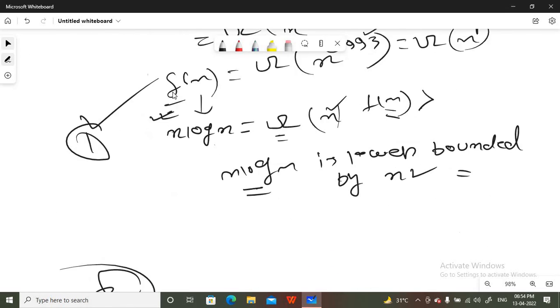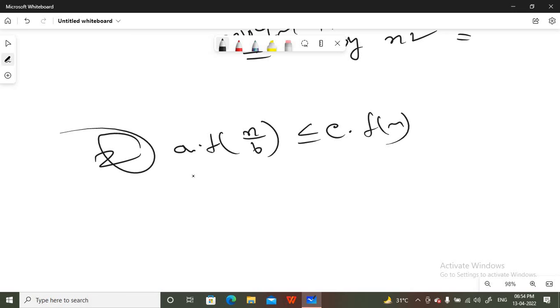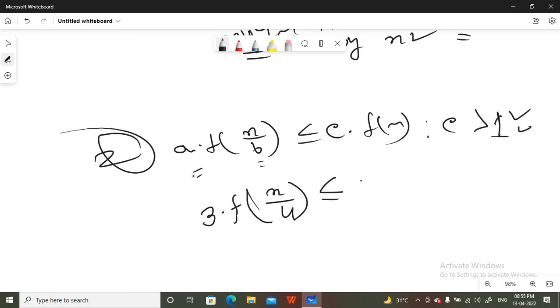Let's see if it is working or not. a is our 3, b is 4, so 3 f(n/4) is less than or equal to c times f(n), which is n log n.